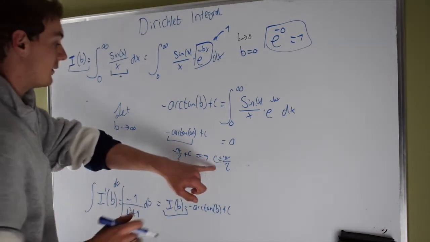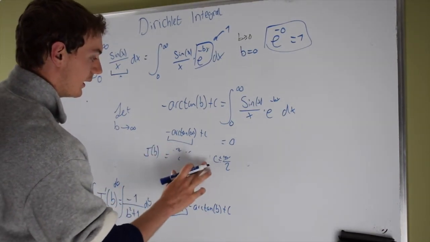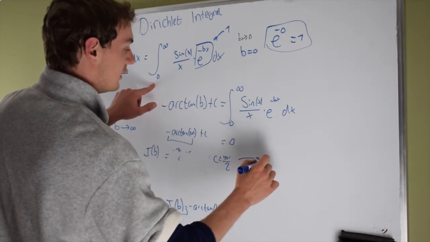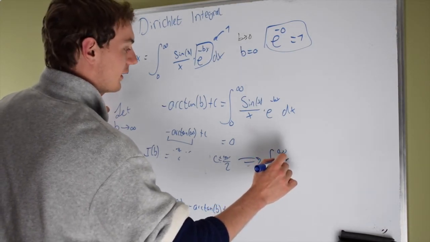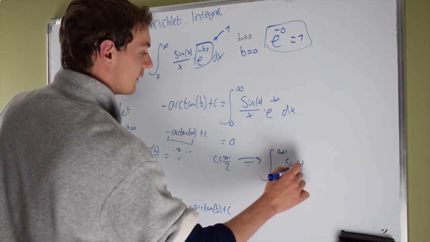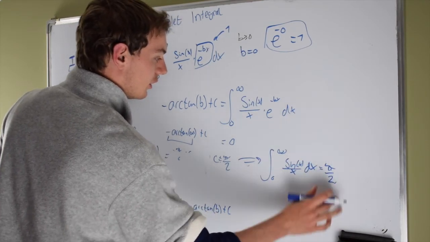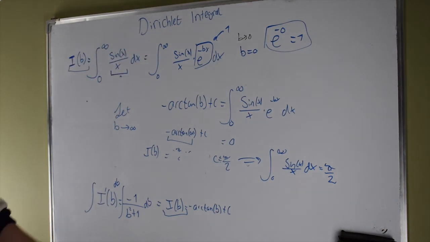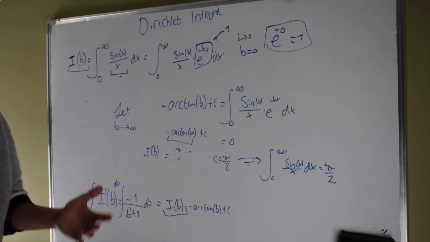So then I of b, at b equals 0, is equal to c, which is pi over 2. Therefore, we can say that the integral from 0 to infinity of sine x over x dx is nothing more than pi over 2. And so that is two ways to integrate the Dirichlet integral. The second one's a bit more complex, but it's more mathematical, and the first one is quite simple.